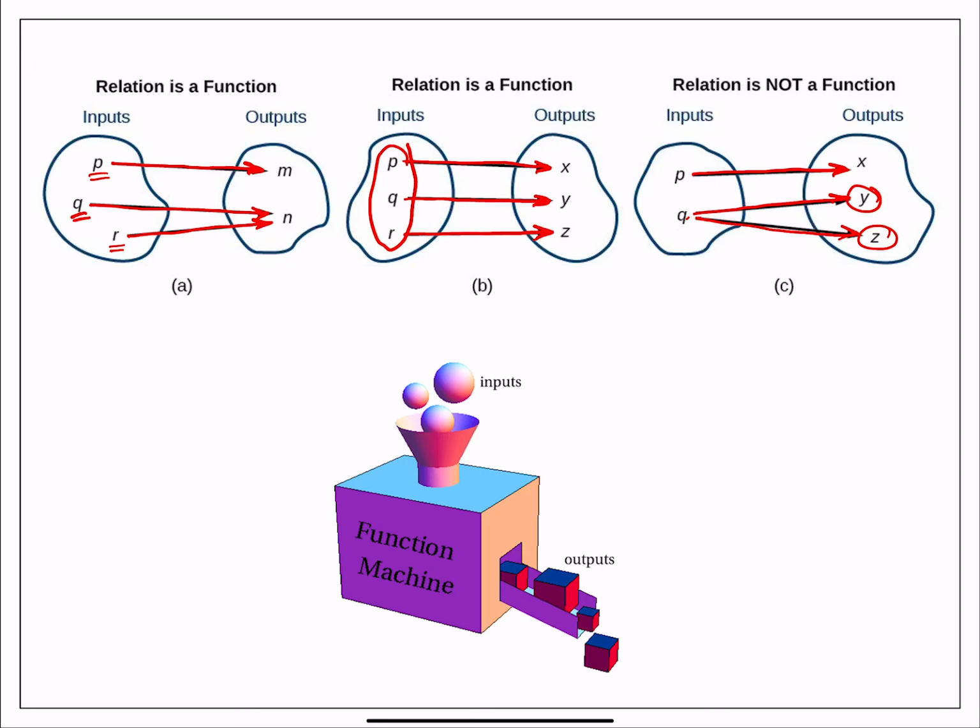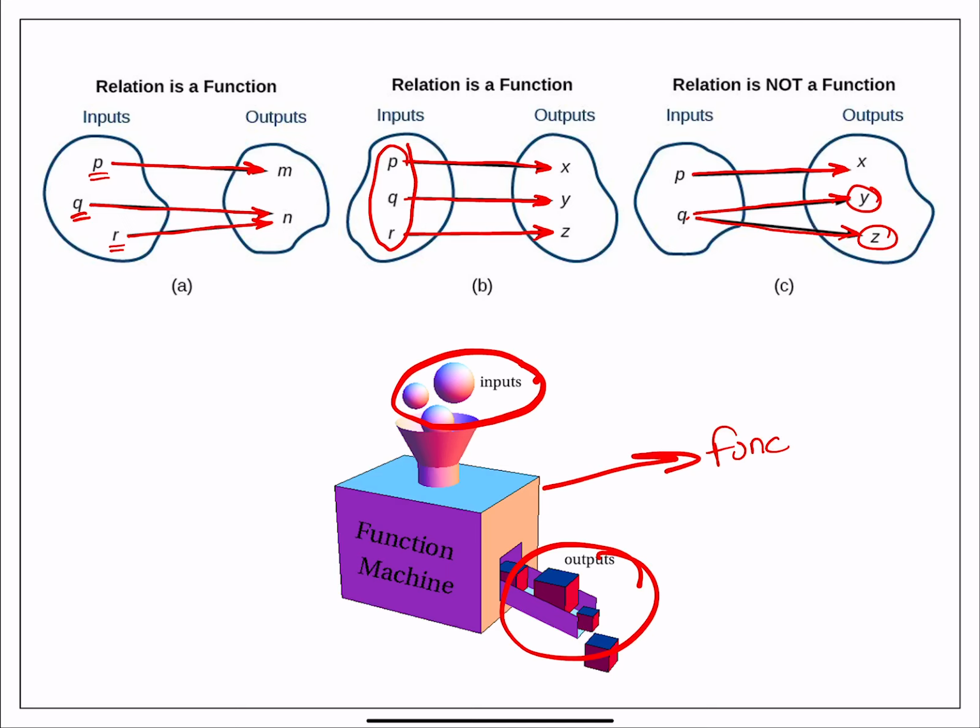And here's another scenario where we're looking at it as a machine. We put some inputs in, we get some outputs out, and the box is our function. Now, in the beginning of class, we did some scenarios where we didn't know what was going on inside the box.